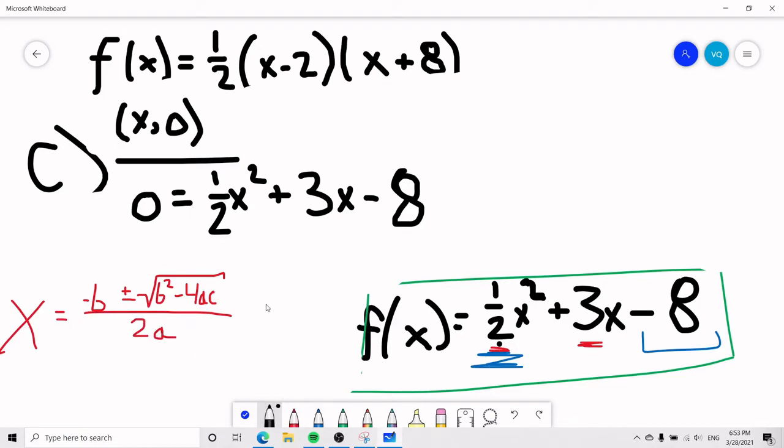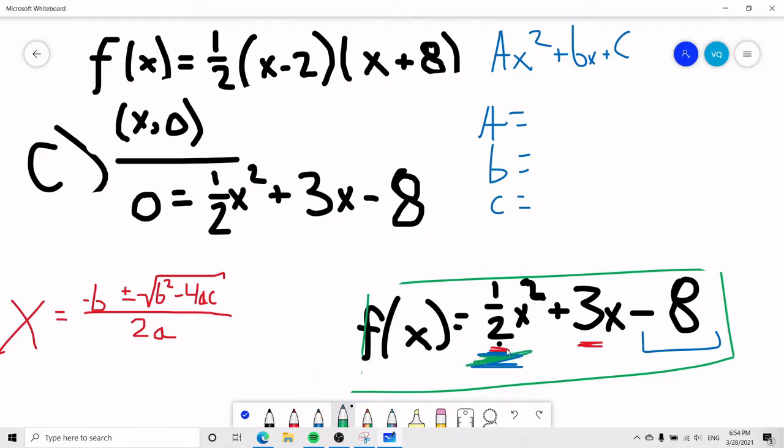Now, what does it mean by a? What does it mean by b? What does it mean by c? Let's remember that we are dealing with a quadratic function, which has this form right here. And so all we really have to do is find out what is a, what is b, and what is c. And looking at my function here, we know that a has to be 1/2. We know that b has to be 3. And we know that c has to be -8.